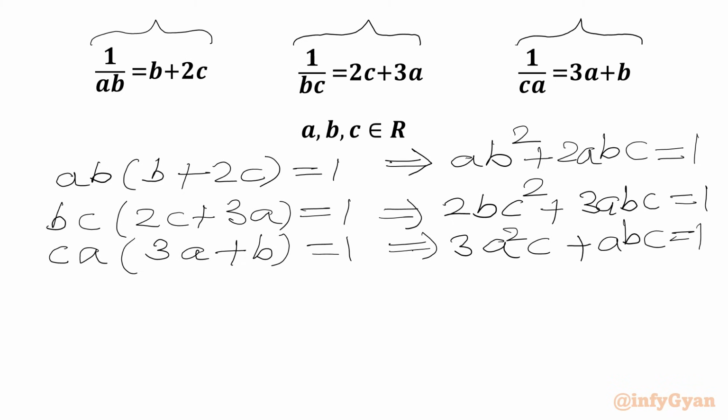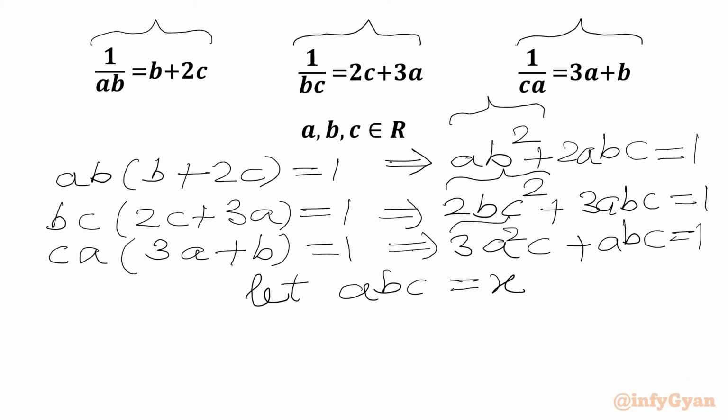Now we will assume abc equal to x. So we can find ab square, 2bc square and 3a square c from the three equations.